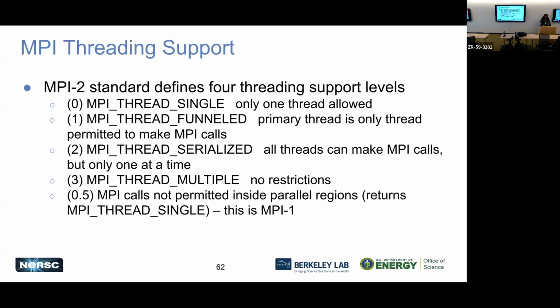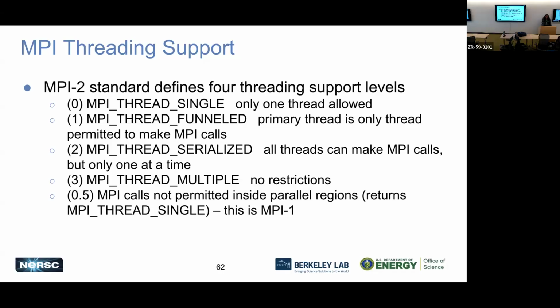Who knows? So starting from the MPI 2 standard, there were 4 threading support levels. The 0th one is MPI_THREAD_SINGLE, and that means only one thread allowed. So if you're in an OpenMP parallel section, you can't use MPI basically.